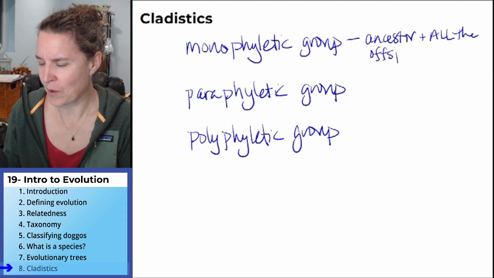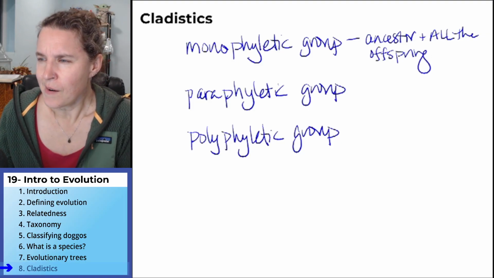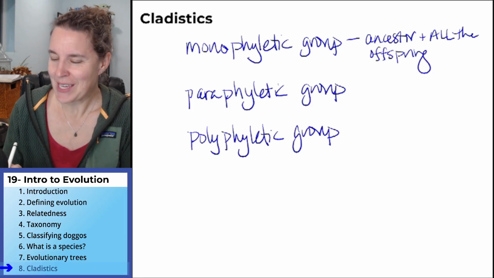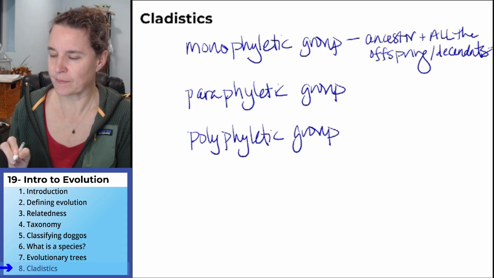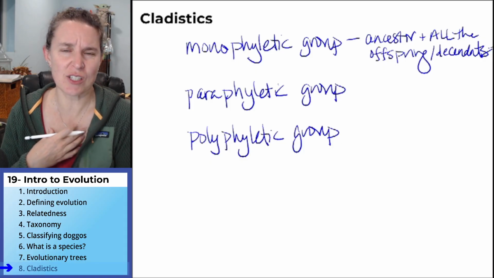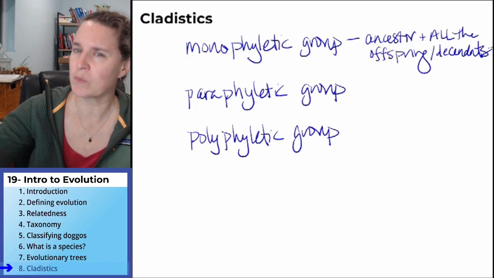Offspring isn't the right word. I like descendants better. Offspring makes it sound like it's just all in the family, but descendants make it sound like it's down the line.